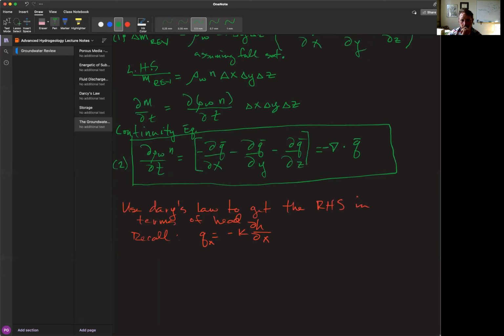I don't have my density of water term here. Okay, so now I'm going to insert Darcy's law, and I'm going to bring the density of water over onto this other side. So we will get 1 over rho water d rho water n dt.